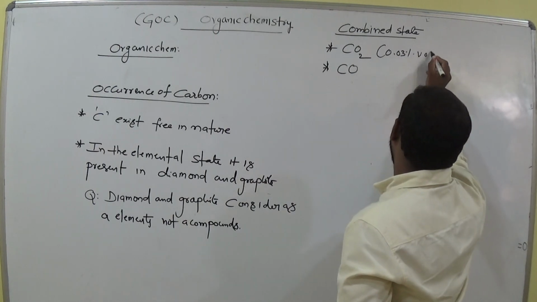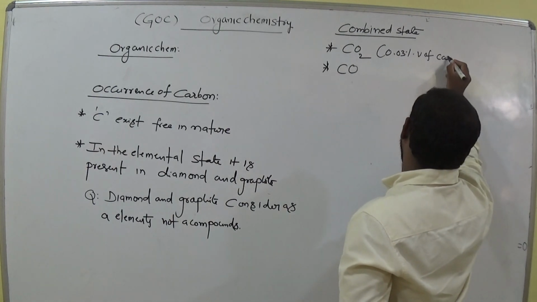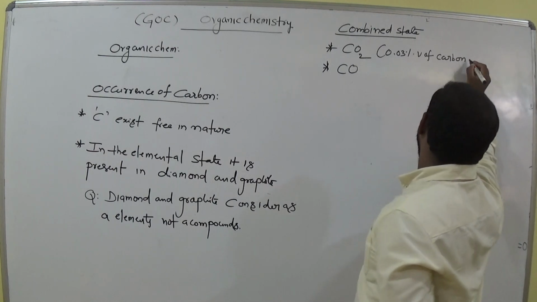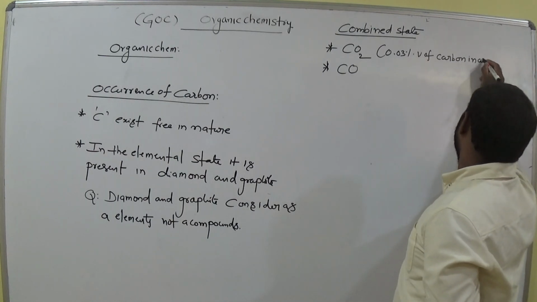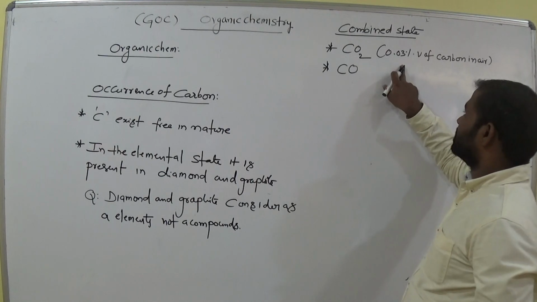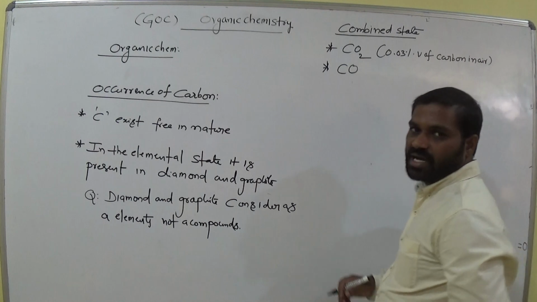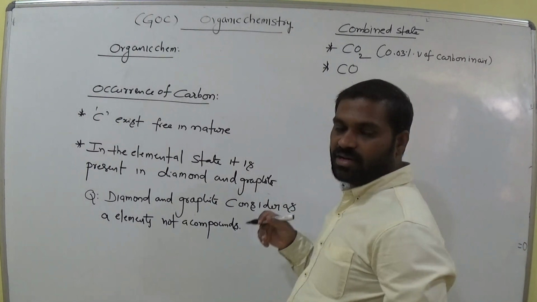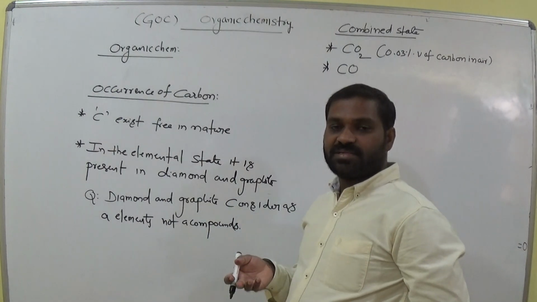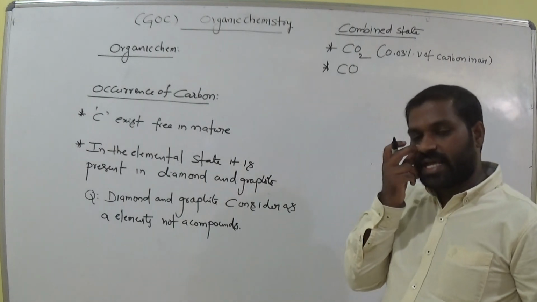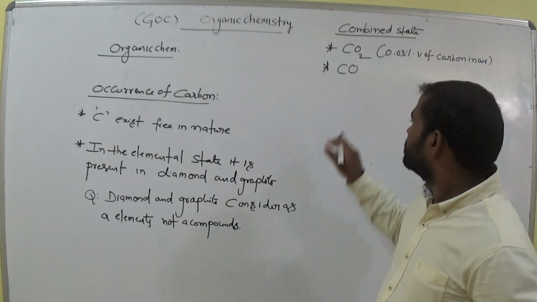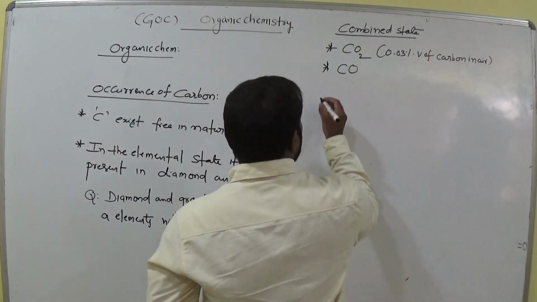In air, 0.03% by volume is carbon dioxide, where V means volume. How much percentage of carbon dioxide is available in air? 0.03%. Carbon monoxide is also available. In volcanic gases, carbon dioxide is also available, okay.